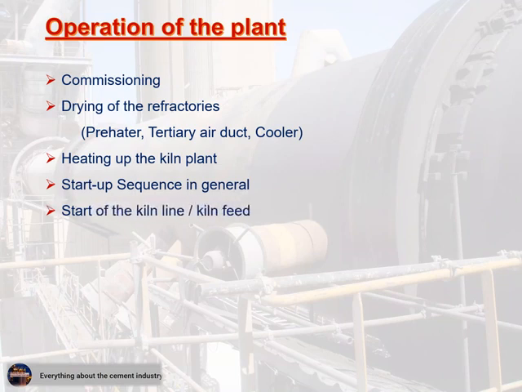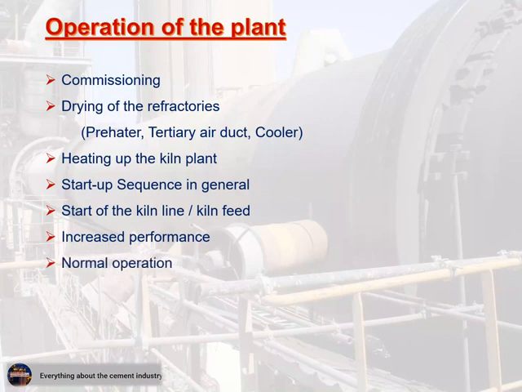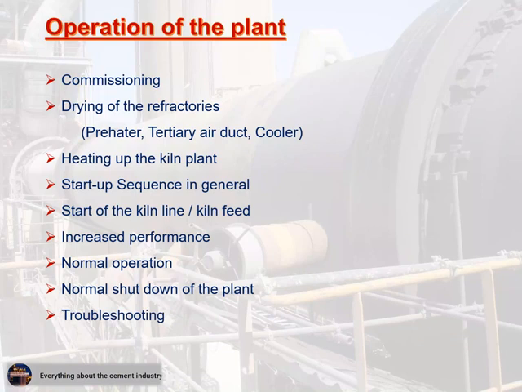Start of the kiln line and kiln feed. 6. Increased performance. 7. Normal operation. 8. Normal shutdown of the plant. 9. Troubleshooting. Each of these steps will be explained in detail.